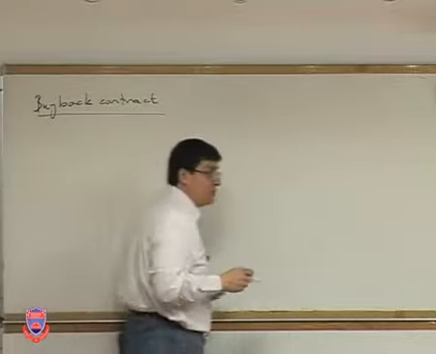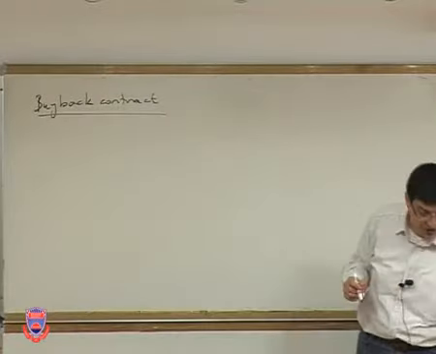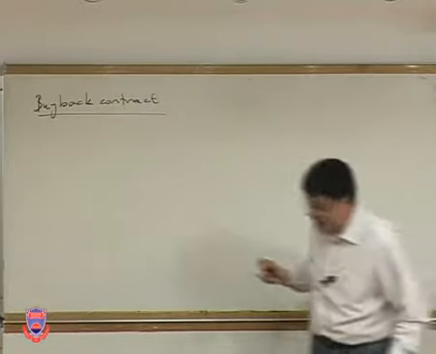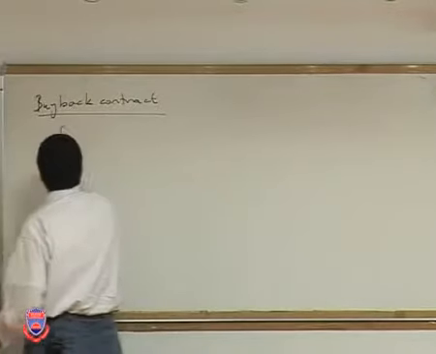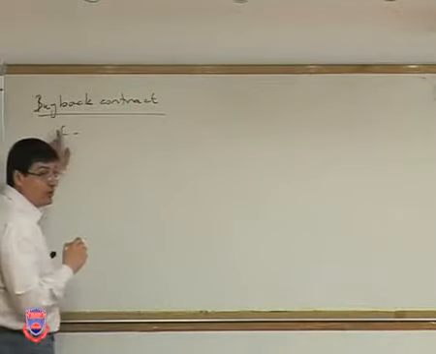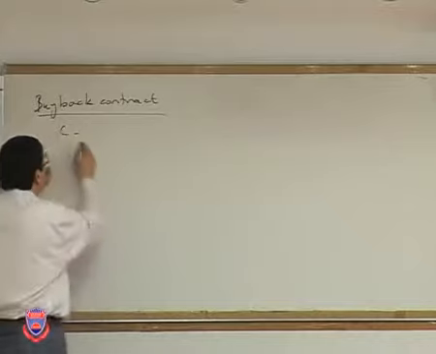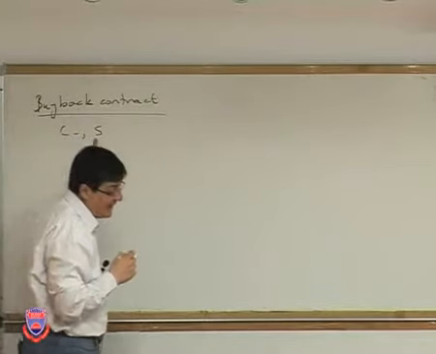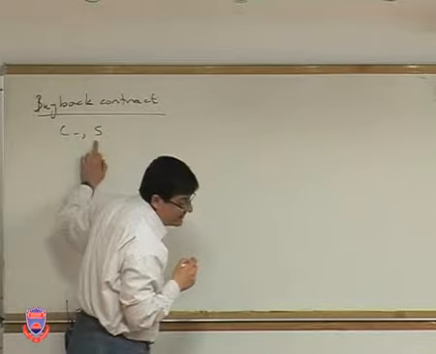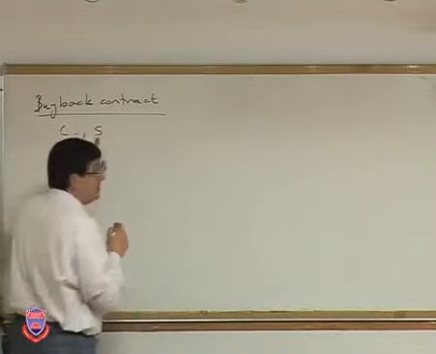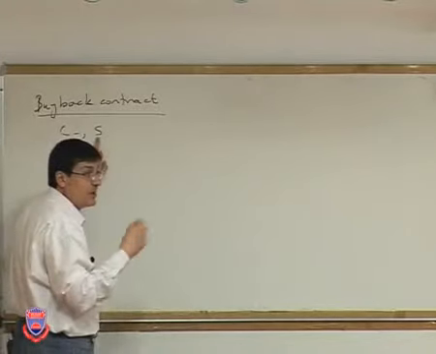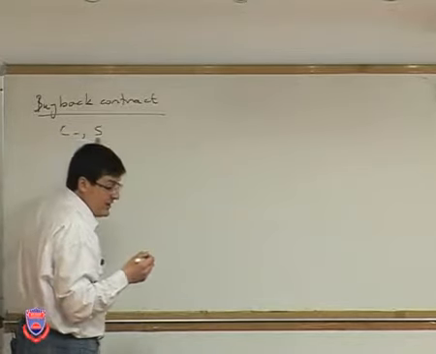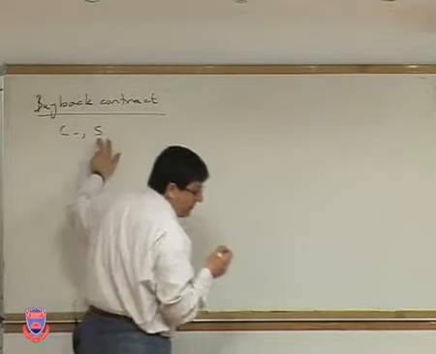Okay, now this time we're going to have the salvage. So what are the parameters? Well, C is the unit cost of the manufacturer, and we're going to have S as the salvage value when the item is salvaged.